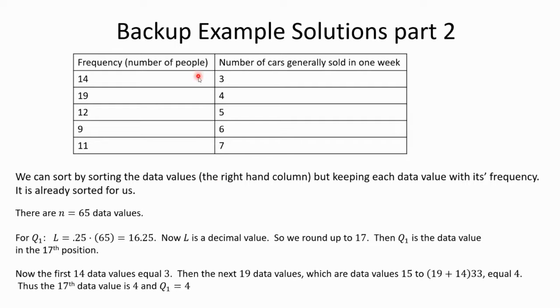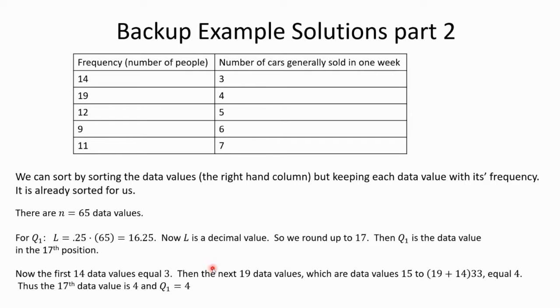Now, how do we get that from here? Well, we know the first 14 data values equal 3, right? They all equal 3. That's the first 14 though. The next 19 data values equal 4.